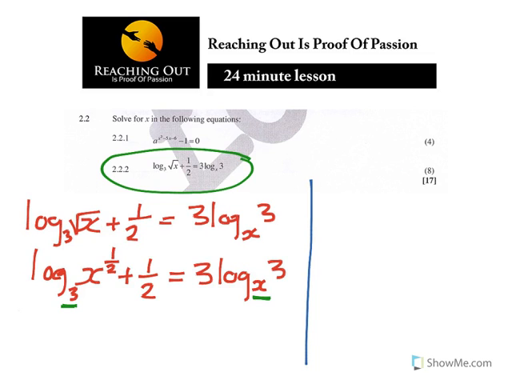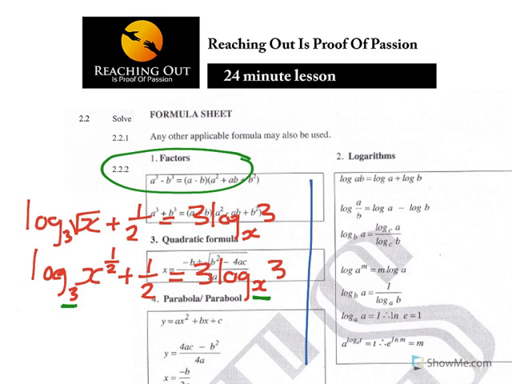If I can pull out your formula sheet, just hold on. Now looking at this particular formula sheet, the most important part is this law. It says log base b of a. Now if you want to change it to log base c, you can see it's log base c of a over log base c of b.